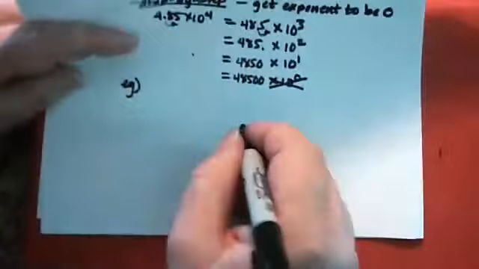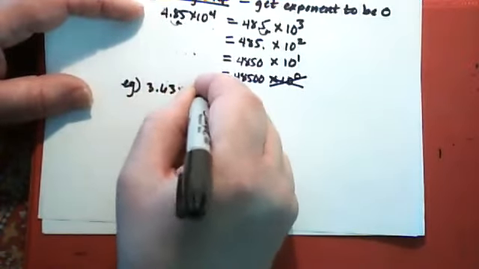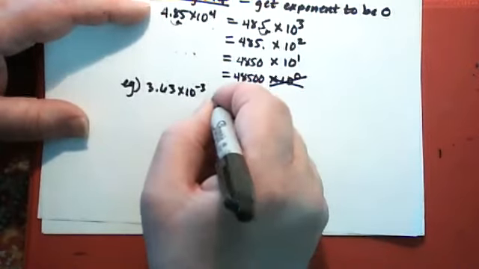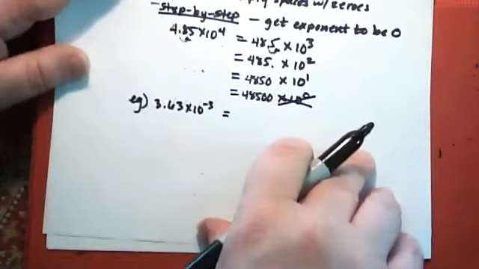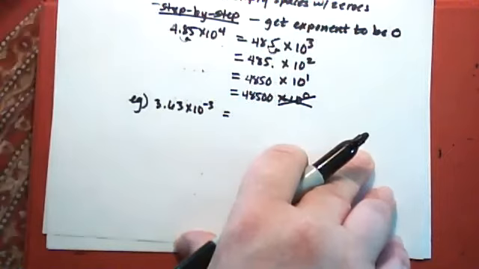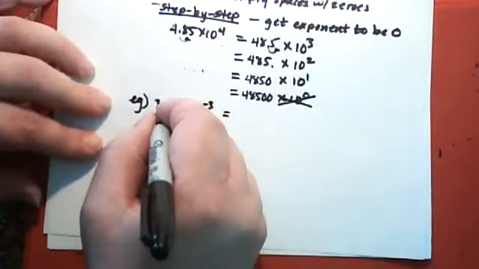Looking at smaller numbers, 3.63 times 10 to the minus 3. Okay, if you've got a negative exponent, you need to move the decimal point in the direction that makes the first part of the number smaller.